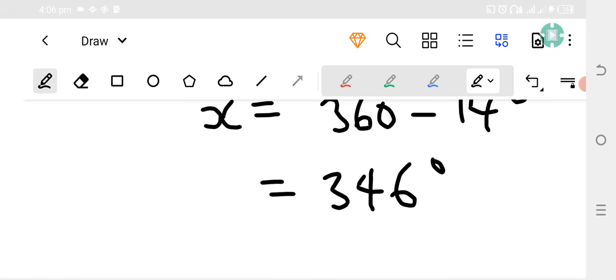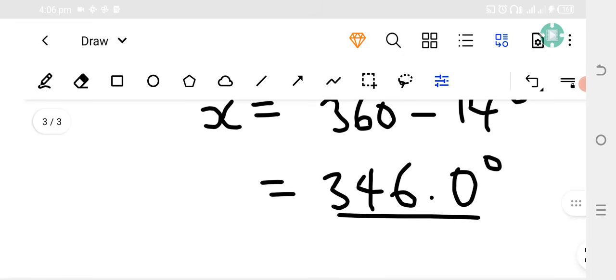These, I don't think you need to use a calculator. This angle is too small. You can say 346.0 if you want. Yeah, so this is what you can have. So these are those kind of questions that don't need a calculator.